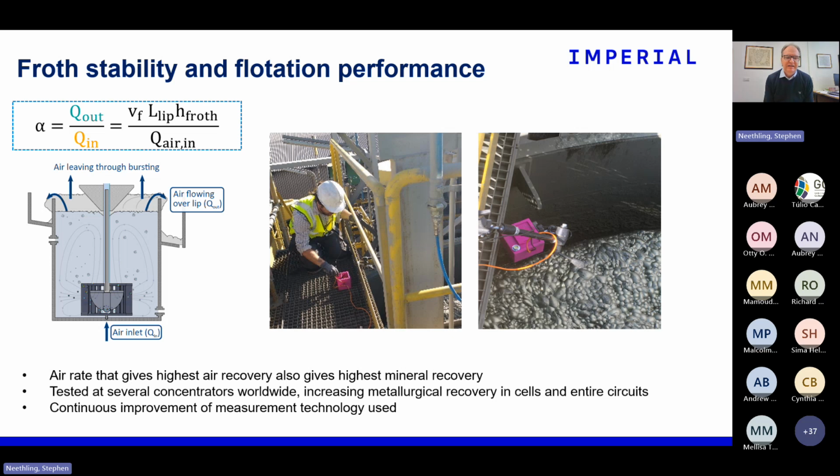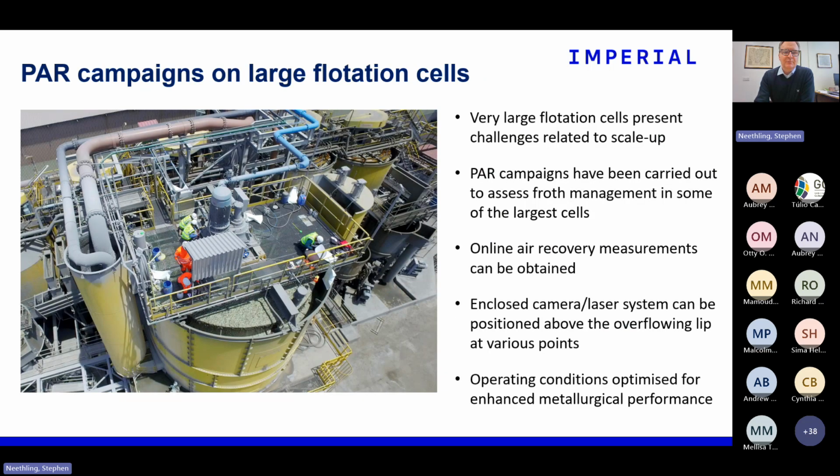So we can measure the air recoveries, air rates, bubble size as well, if we need it. And we can therefore do this everywhere from our lab scale cells all the way up to large industrial cells. So we've done these sorts of studies on a large number of different cells.